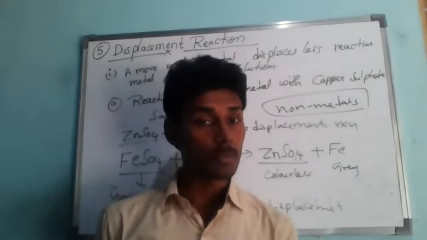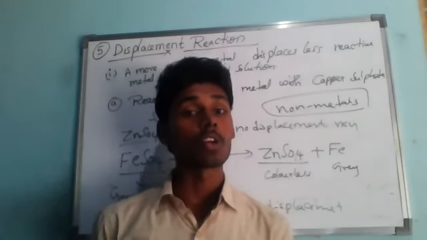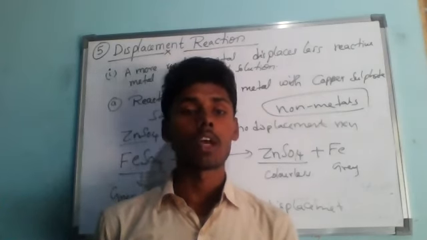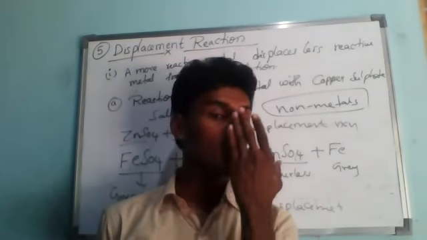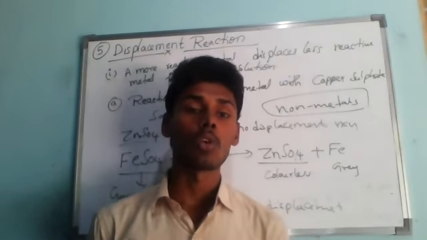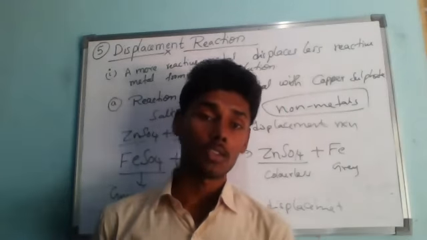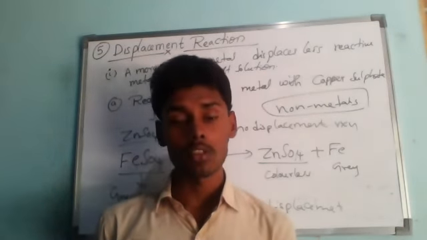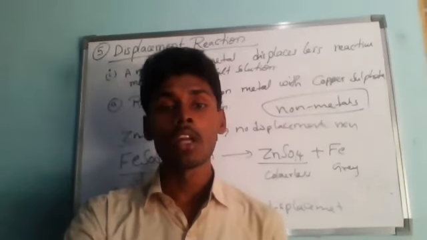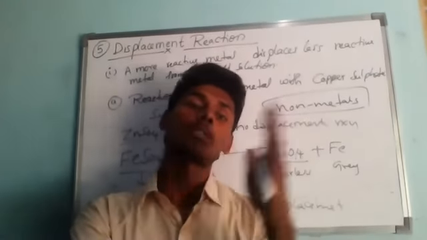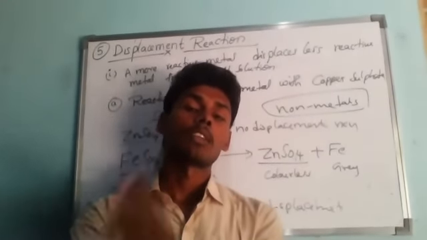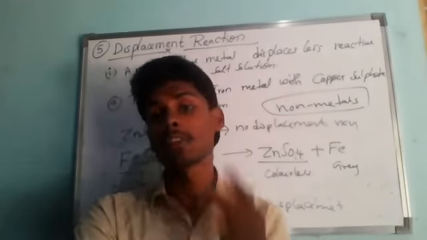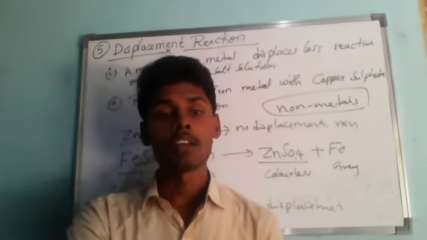Except copper, silver, gold and mercury, which cannot react with dilute acids. Non-metals also do not react with dilute acids. So these are the differences. If you write the chemical properties of metals in one table and non-metals in another, that will become the differences in chemical properties of metals and non-metals.